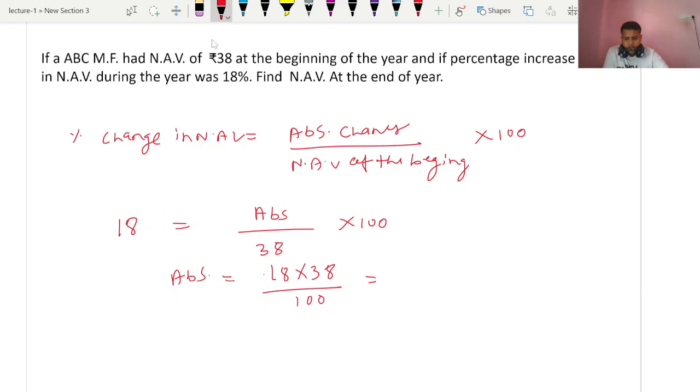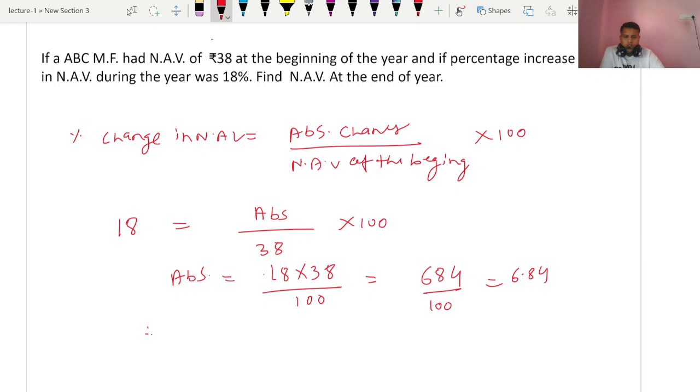So what is 18 into 38? 684. 684 by 100 is equal to 6.84.